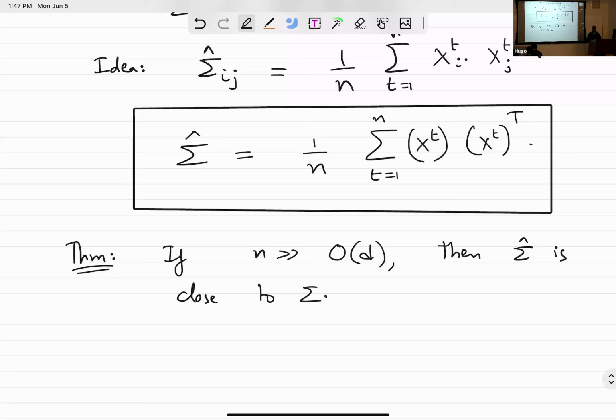So at the very least, the question of learning multivariate Gaussian distributions is very easy. Just compute the sample covariance, and I get the parametric estimate of the covariance matrix that is close to the true one. The only catch is that you need a linear number of samples. But remember, in many cases we don't have a linear number of samples. The dimension is 1 billion, but you have only 1,000 or 10,000. What are you doing?